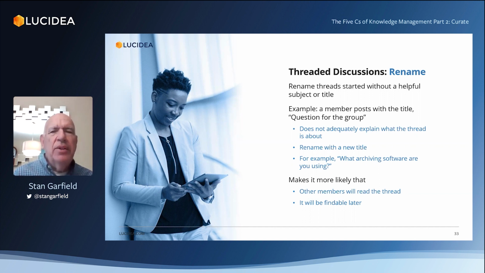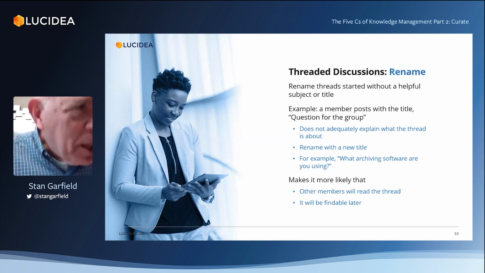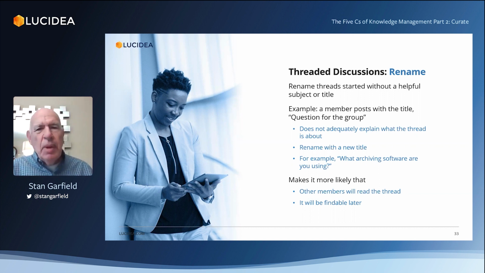An example that happens frequently: someone will put a title that says "question for the group" or "FYI," and that won't convey anything meaningful, and therefore you may miss what it's really about. But you can go back and edit that title to something meaningful. The title "question for the group" does not adequately explain what the thread is about.